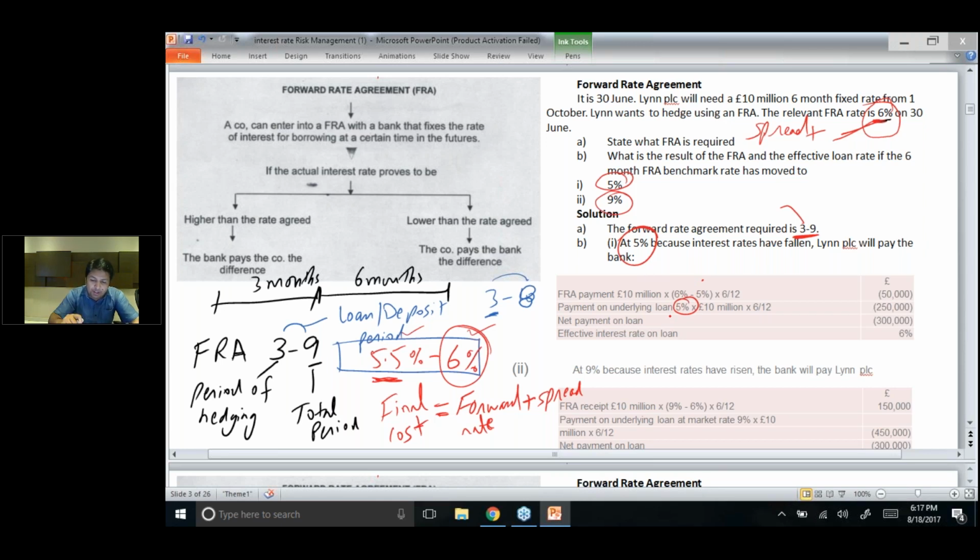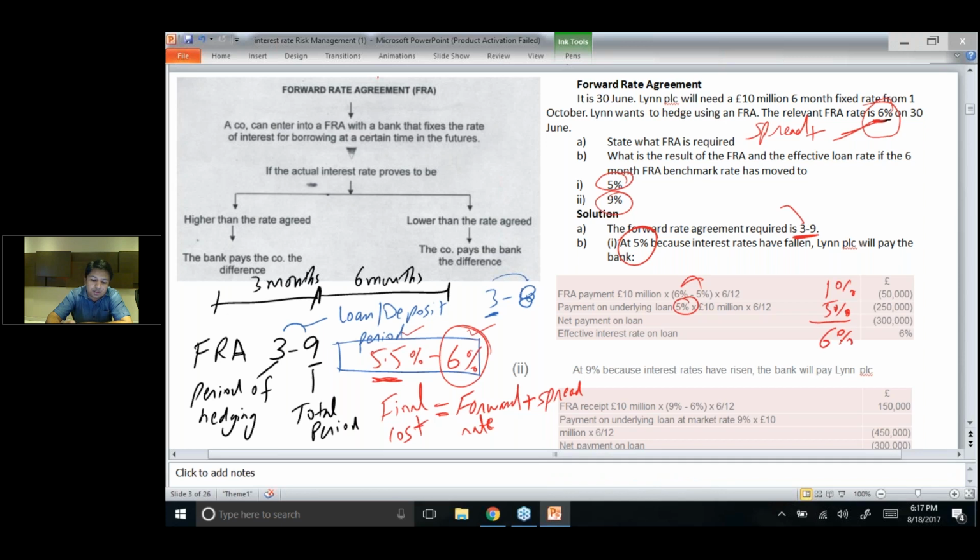Now if interest rate reduces, you will face a loss and you will have to pay the difference. So in this scenario, you will take a loan from the bank at 5%, but you will have to pay the 1% difference, and your final cost will be 6%.